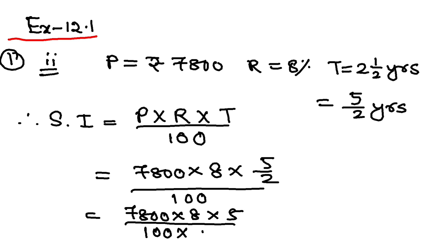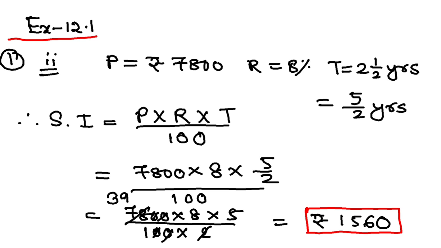So 100 into 2, so 2 zeros are cancelled, 78 by 2 is 39. So if you multiply 39 into 8 into 5, finally you will get the answer rupees 1560. So 1560 rupees is my simple interest.